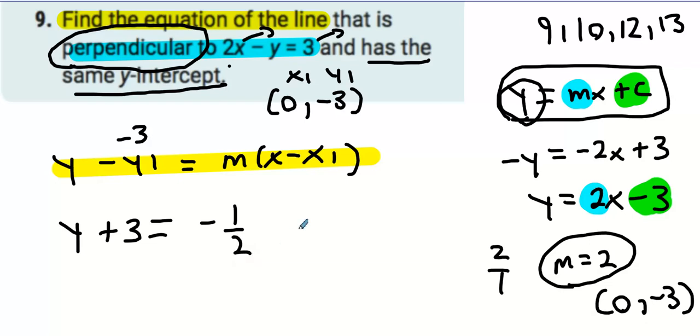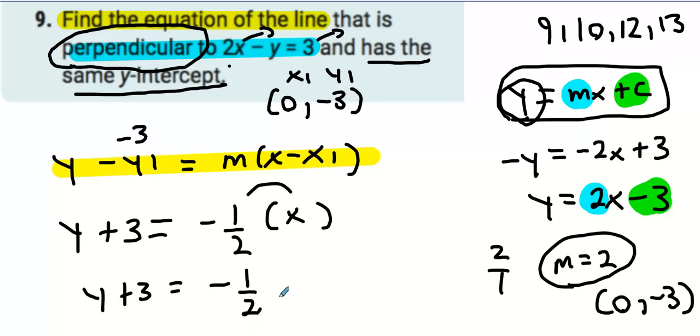Minus a half. What's the x value? All right, ready? Everybody looking? So what do you do now? Y plus 3 equals, when you multiply that, a half x. Okay?